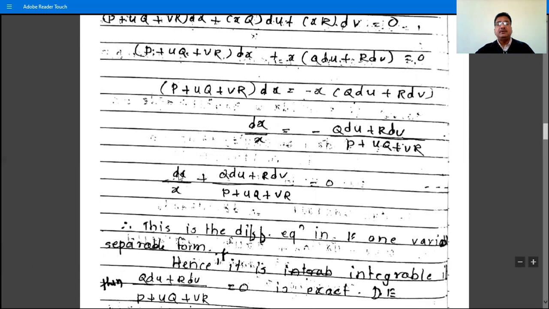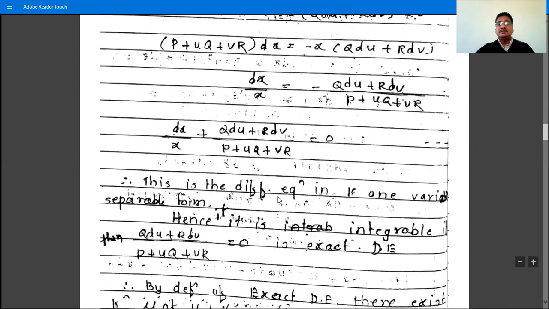Shifting this term to LHS, we have dx by x plus (q du plus r dv) by (p plus uq plus vr) is equal to 0, and this is the Pfaffian differential equation in one variable separable form.